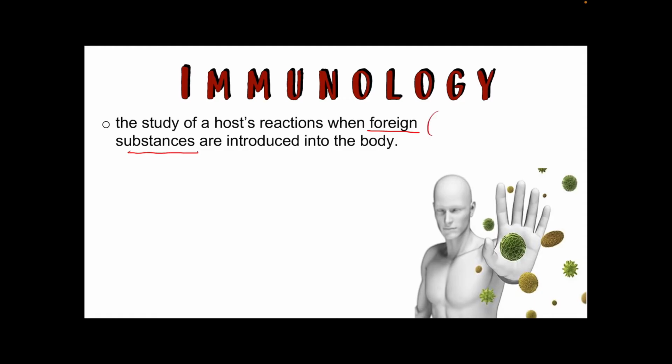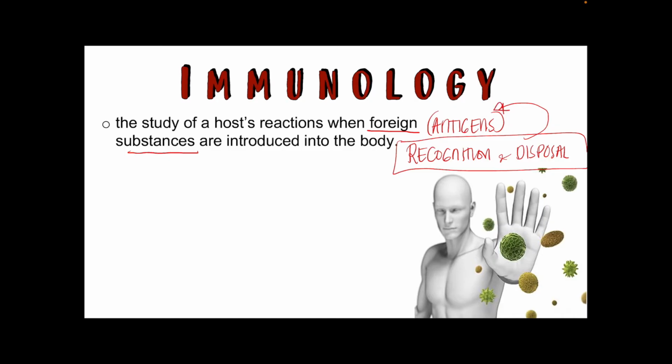Commonly, these foreign substances are what we call antigens, because immunology is a study of how the molecules, the cells, the organs, and the systems in our body recognize and dispose of this foreign material. So that means it's the study of the recognition and disposal of these foreign substances, the antigens.